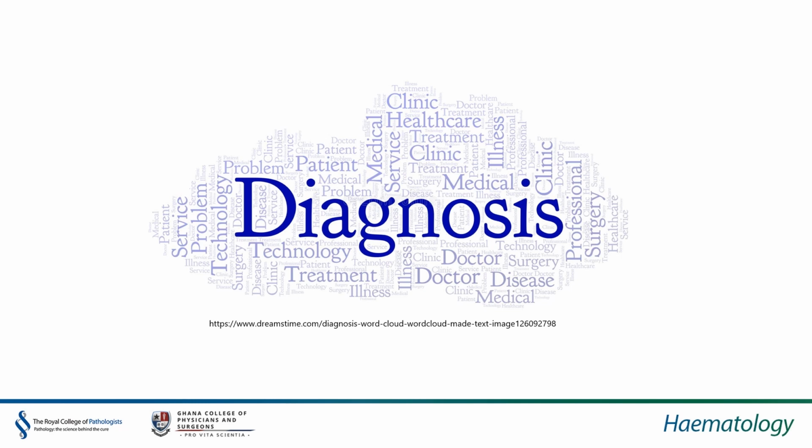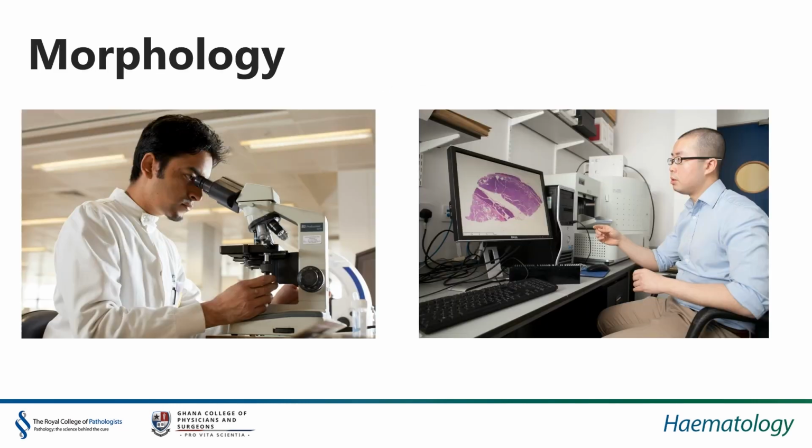Cytometry is only one small part of the diagnostic process, and not just in acute leukemias, but in all hematological malignancies. The integration starts in the clinic or on the ward with that clinical suspicion, which initiates the diagnostic process. And this includes morphology.